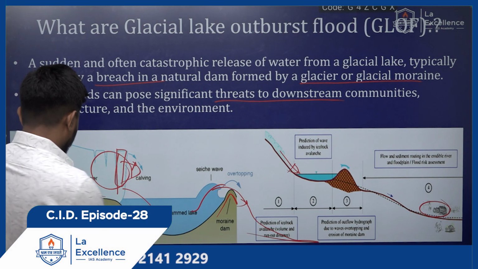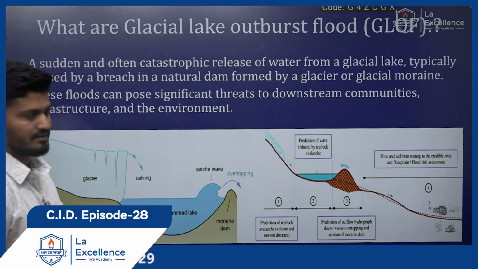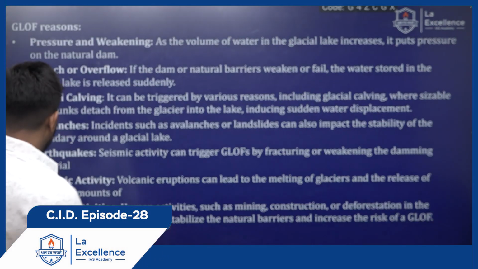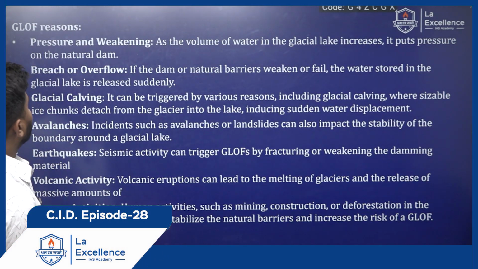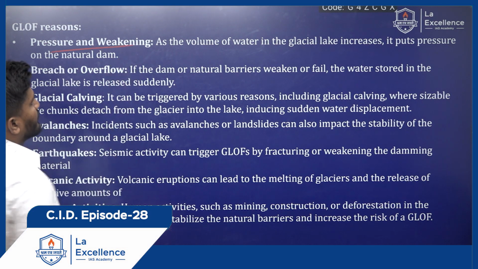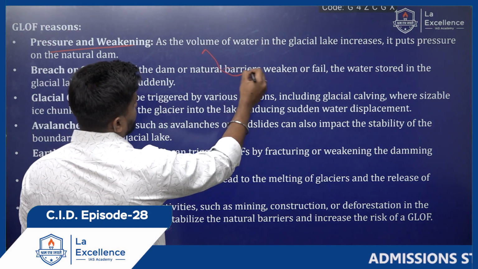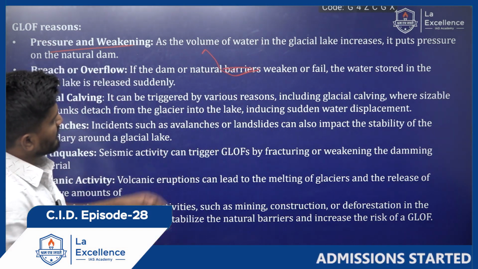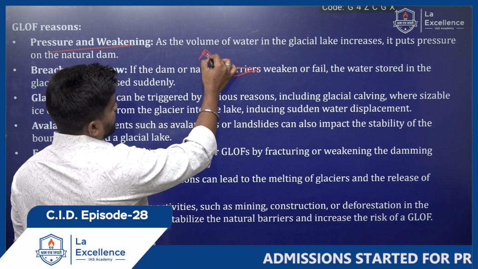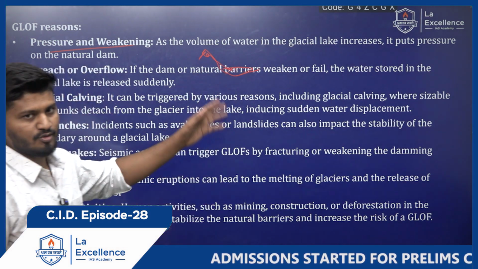Now we will see the reasons behind glacial lake outburst. So the reasons for the glacial lake outburst are pressure and weakening. Okay, so as we saw, this is the depression, water will be present here, and over time as the glacier starts melting, more and more water starts accumulating here.